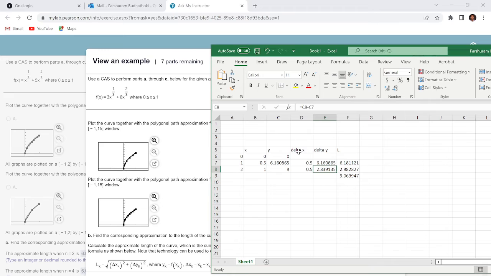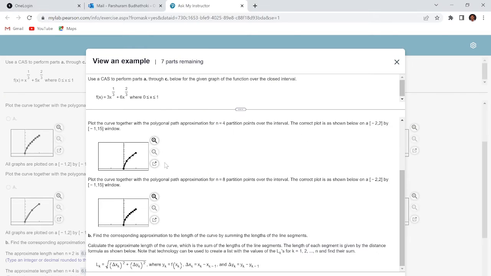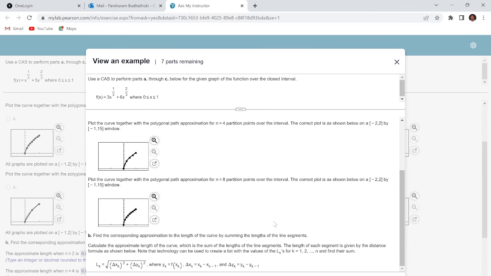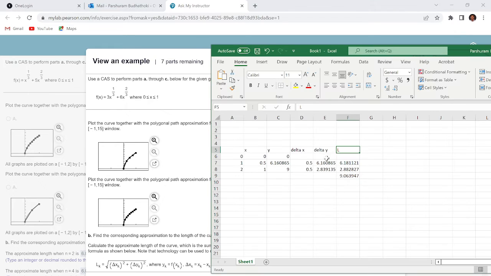After finding del x and del y for k equal 1 and 2, we can find the value of L1, which, if you look at this graph, is the length of the first part. L1 is this one, L2 is this one, and to find the curve length we have to add these two lengths. Here L1 is the square root of del x1 squared plus del y1 squared, where this is del x1, this is del x2, this is del y1, this is del y2.